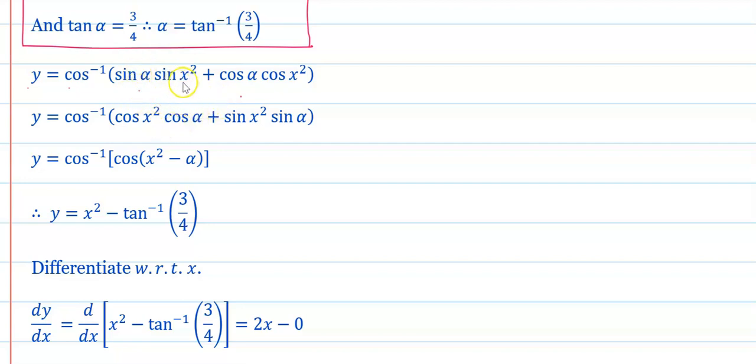Now what I wrote first is cos of x square into cos alpha plus sin of x square into sin alpha. Now what is the expansion of cos of (a plus or minus b)?